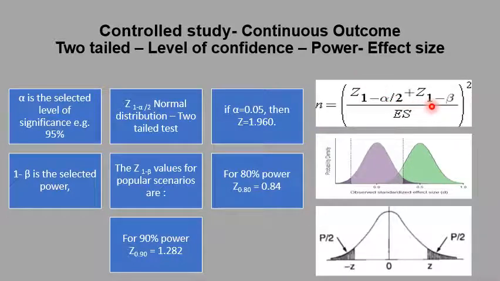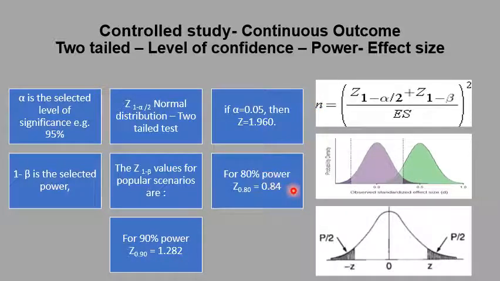The second z-score is related to the power, and the usual in medical research is that we use either 80% power or 90% power. If we use the higher power, of course, then we need more subjects in each group. But if we can do with 80%, then we'll have a smaller n.